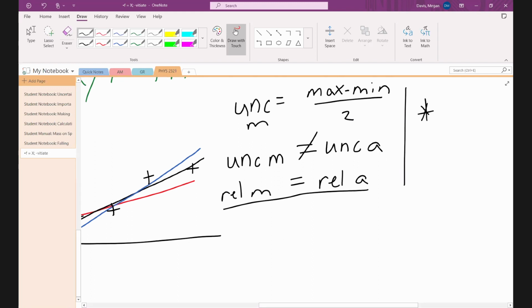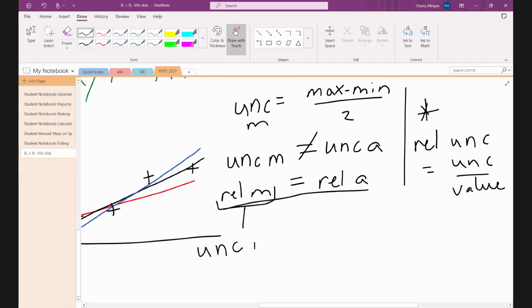Just as a note, the relative uncertainty always equals the uncertainty divided by some value. So for the case of the relative uncertainty of our slope, that's just equal to the uncertainty in the slope divided by the slope.